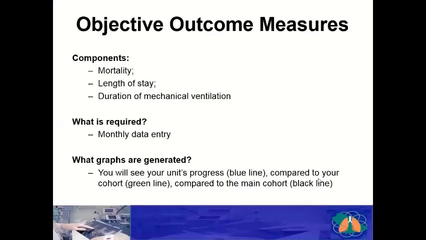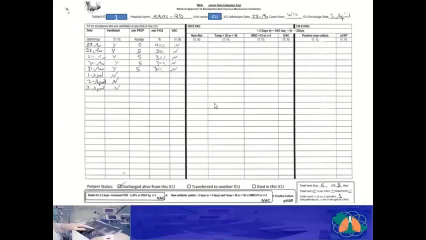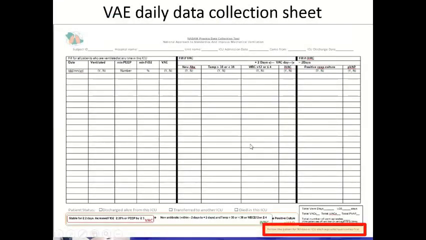The summary of the data taken from this form will be placed in this box, with a special note to follow up the patient for 90 days if he has a long length of stay in the ICU.